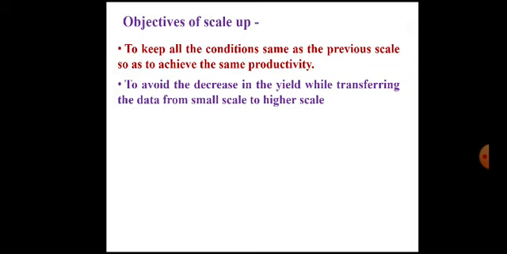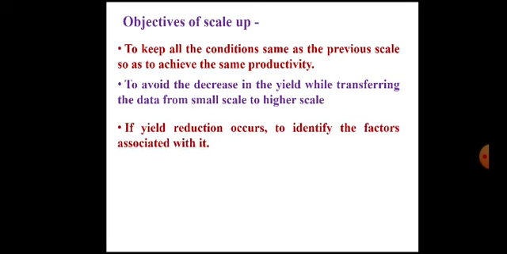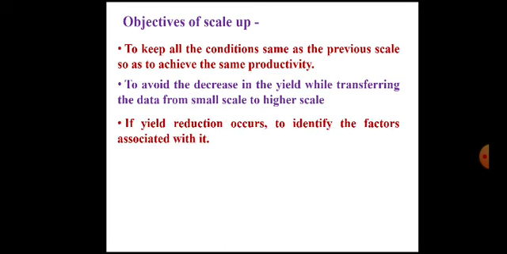Second objective is to avoid the decrease in yield while transferring the data from small scale to higher scale. Third, it is possible that the yield reduction may occur when we transfer data from small scale to higher scale.